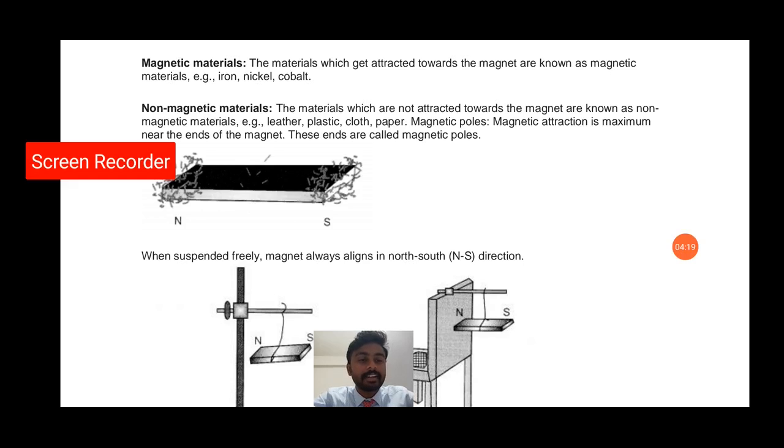So what do you mean by magnetic materials?